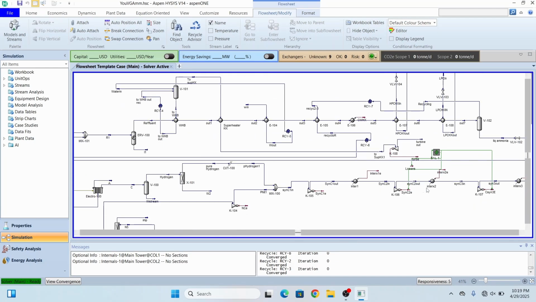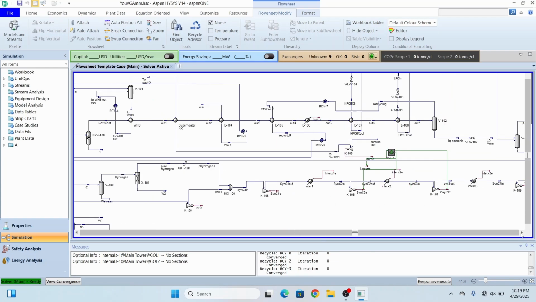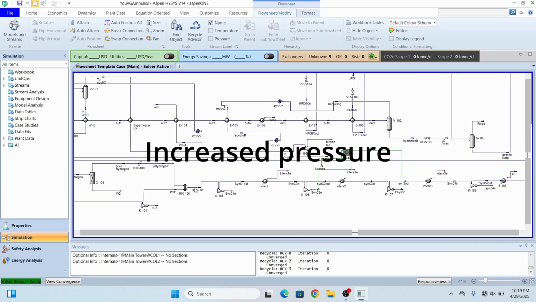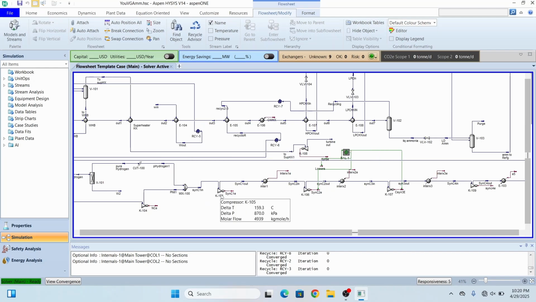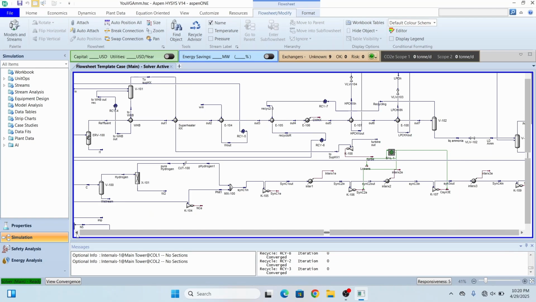These compressors are our syn compressors, where we have increased the pressure from 580 kilopascal to around 220 kg per square centimeter to meet our reaction conditions.